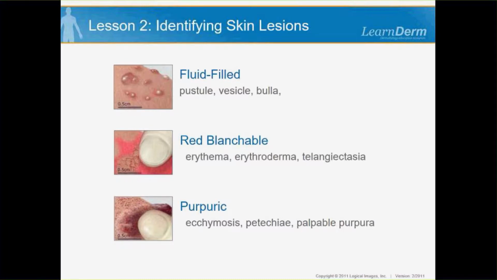And then there are lesions that have fluid in them, such as pustules, vesicles, and bulla. The analog, again: small is a vesicle, larger than a centimeter is a bulla. Of course, pus-filled fluid lesions are pustules. And then lesions that are flat and pink or red are in this blanchable category, such as erythemas, which include body-wide redness.